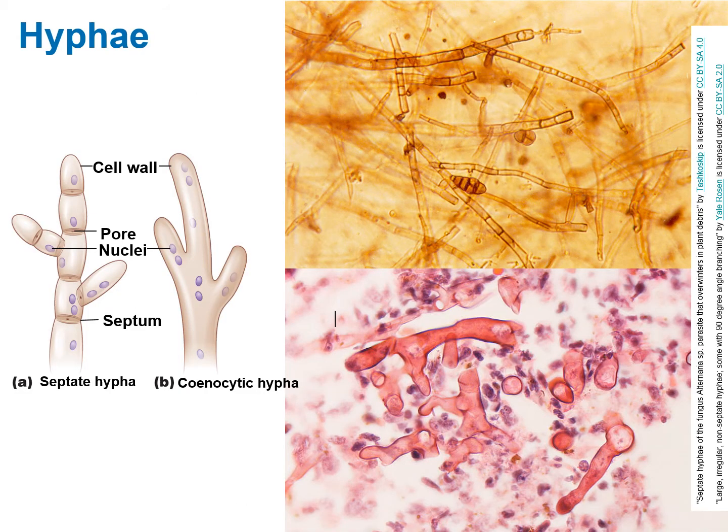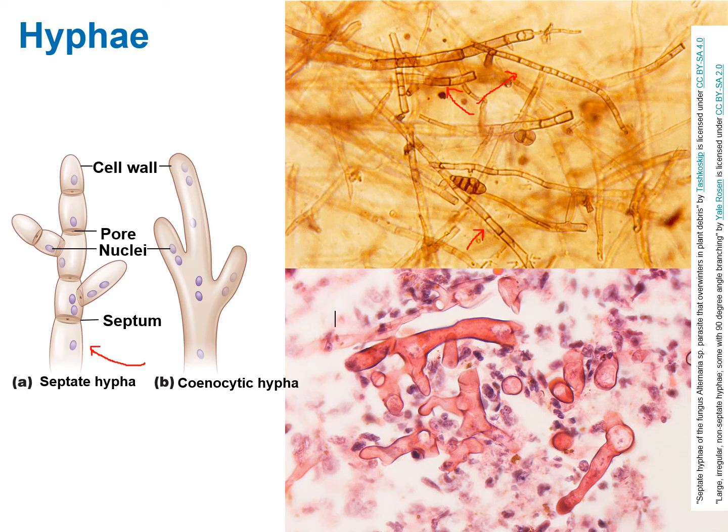Before we move away from fungal structure, I do want you to know that there are two types of hypha. I talked about the functional types, the aerial versus the vegetative, but structurally there are two types of hypha as well. The first type is depicted here, and this is called a septate hypha. What's going on here is that the hypha is made up of multiple cells.